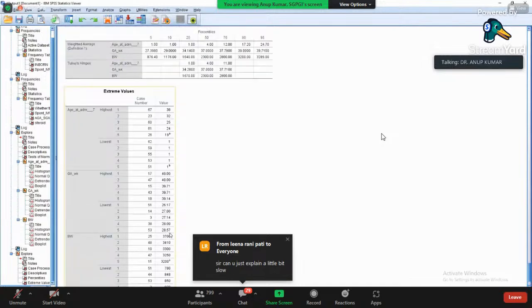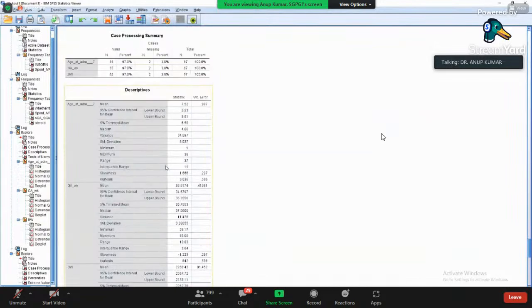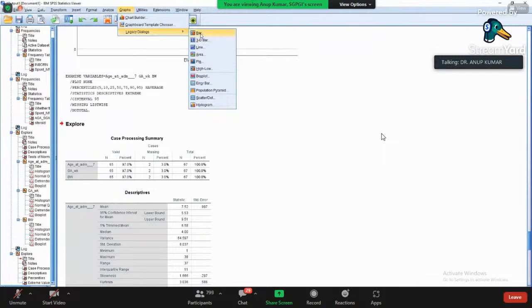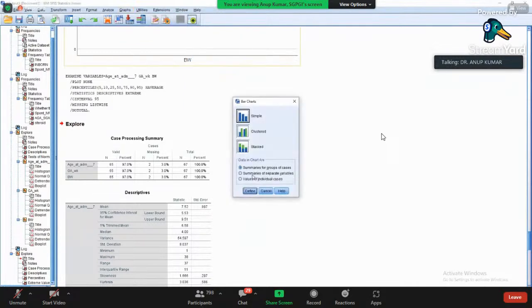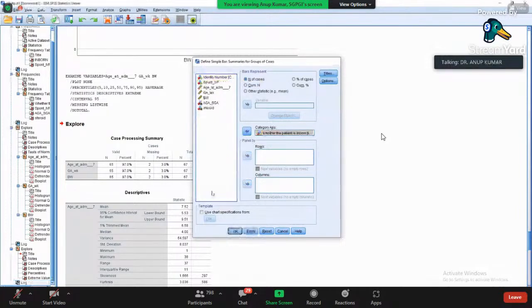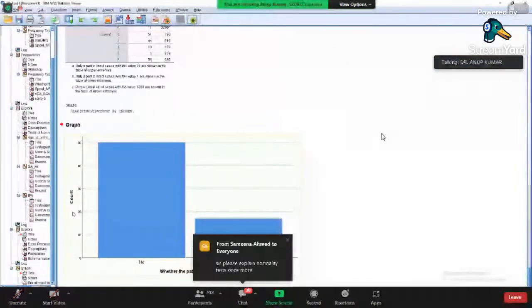Okay, so this is all about describing the data. If you go to the graphs, here I have discussed the simple bar chart. I want to prepare the bar chart for this, and it will simply give me the bar chart of whether the patient is inborn, with the count.